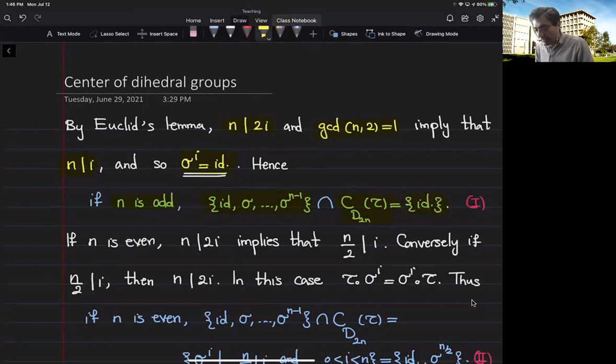Now, if n is even, then n divides 2i implies that n half divides i, and vice versa. If n half divides i, then twice both sides, n divides 2i. So altogether, we see that this equality happens precisely when i is a multiple of n half.